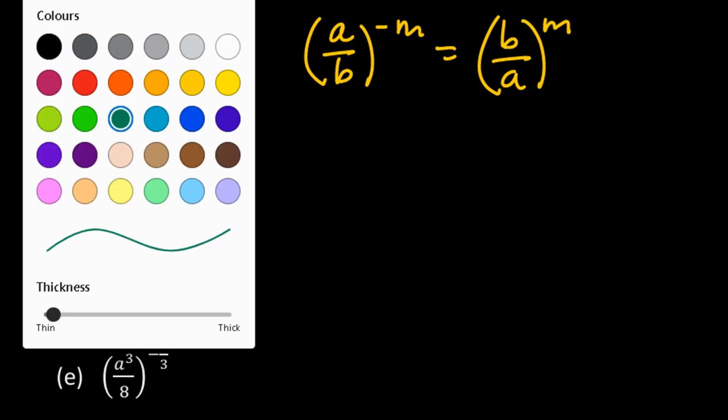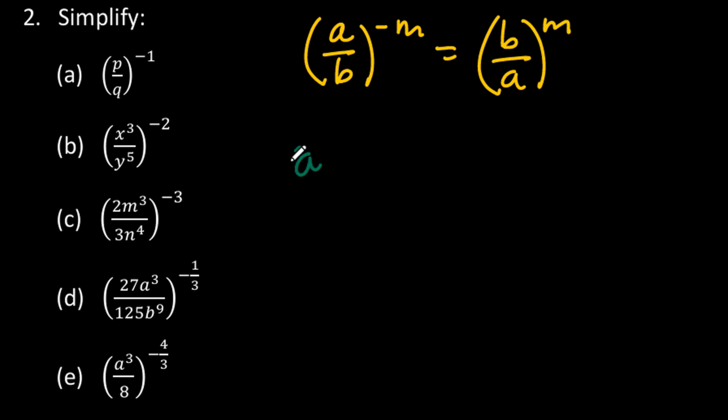So let's look at a. We have p over q to the power of negative 1. Then applying this law, we can invert the fraction, so it becomes q over p, and the power becomes positive. So q over p to the positive 1, and of course we don't have to write the 1.